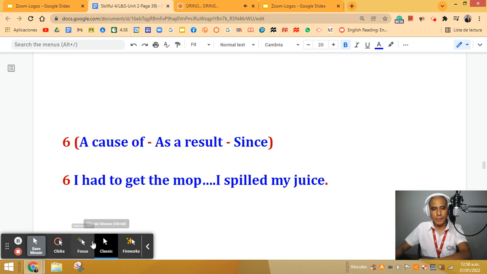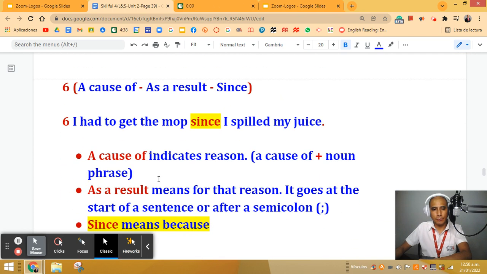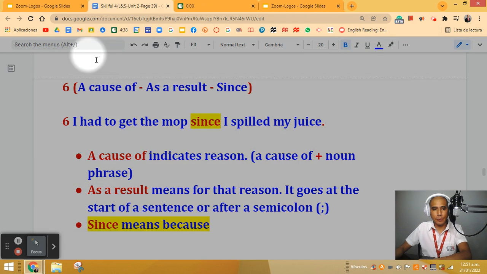All right, time is up. So now we're gonna analyze example or exercise number 6. So in this case, I had to get the mop since I spilled my juice. In this case, the correct answer is since.